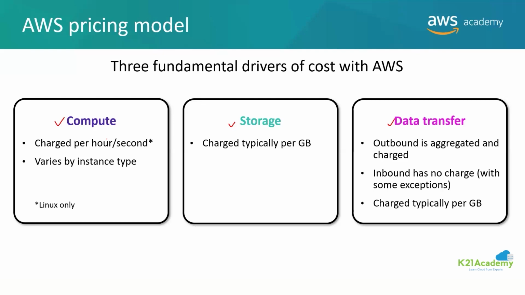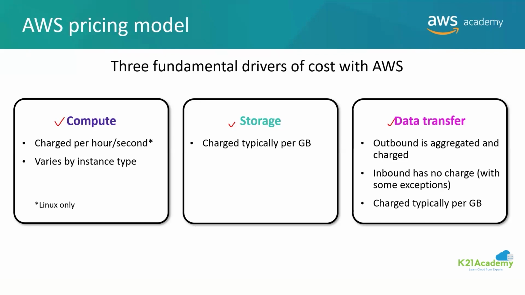Obviously, there are some exceptions as well, so be sure to verify the data transfer rates before you start using AWS. The outbound data transfer is aggregated across the services and then charged at the outbound data transfer rate. These charges also appear on your monthly statement as AWS data transfer out.